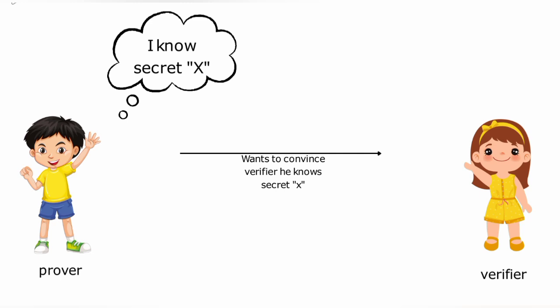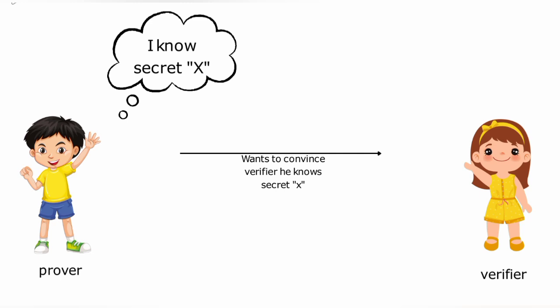Here you are the prover and the verifier is the person who is booking the ticket. He will book the ticket only if you are above age 18. These are some of the real-time examples of the zero knowledge proof.